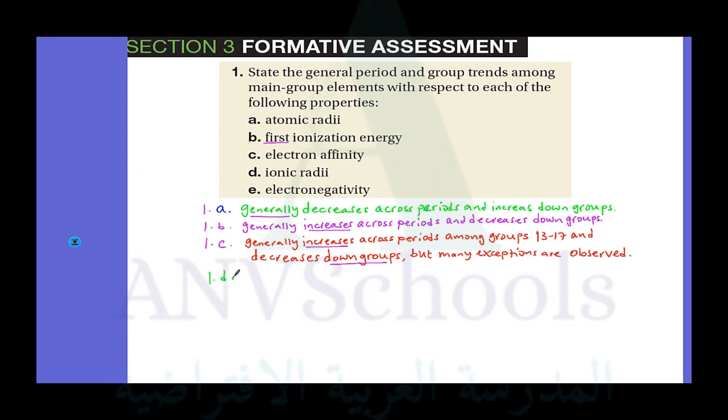The next one, D, is ionic radius. Ionic radius means that if an atom gains or loses electrons, the neutral atom becomes an ion.